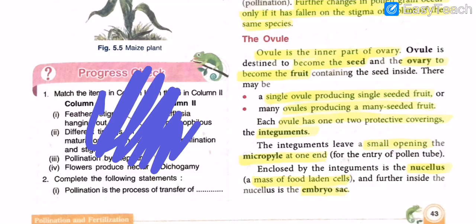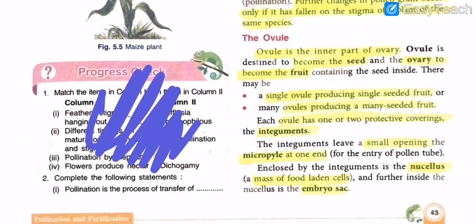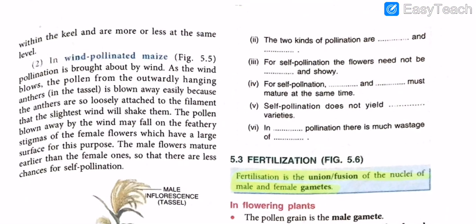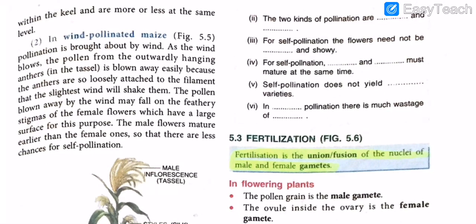Pollination is the process of transfer of. I'll give you 5 seconds. 5, 4, 3, 2, 1. Pollination is the process of the transfer of the pollen grains of one flower to the stigma of another flower, or the same flower of the same species, basically, right? Moving ahead. The two kinds of pollination are very easy, right?